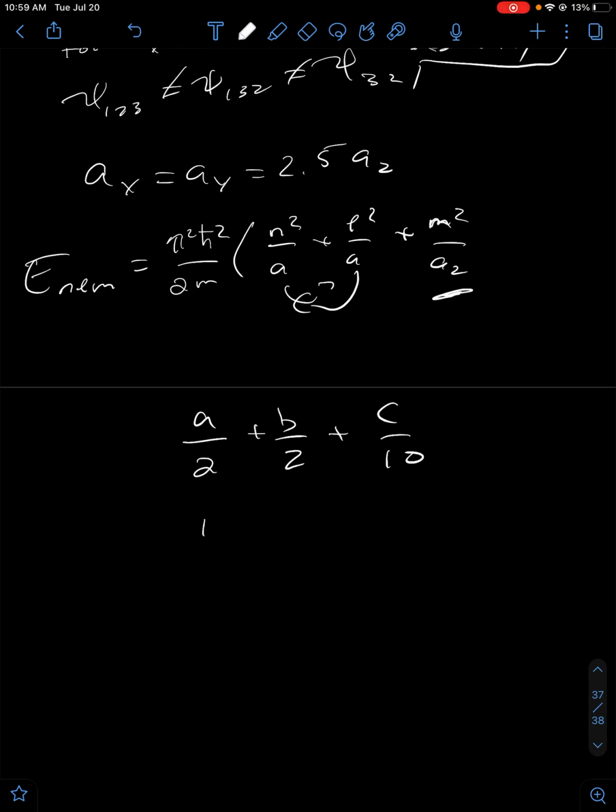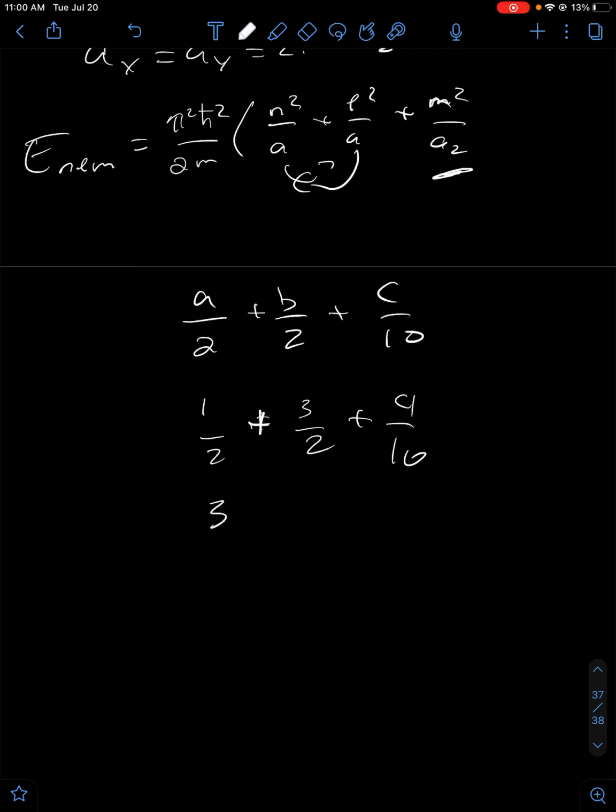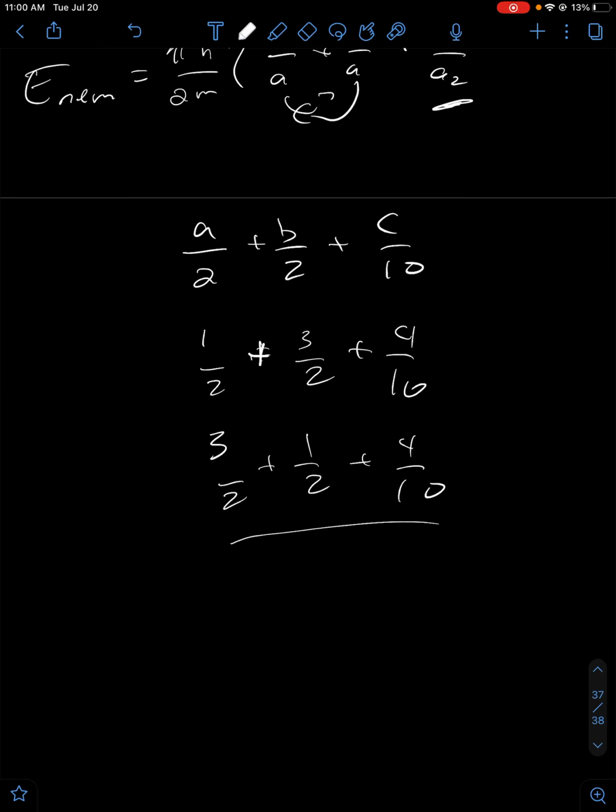Well, I can let a be 1 and b be 3, and then let c be 4. We can still swap 3 and 1 here, and we get the exact same value. So we can still swap b for a, and we get the same exact number.